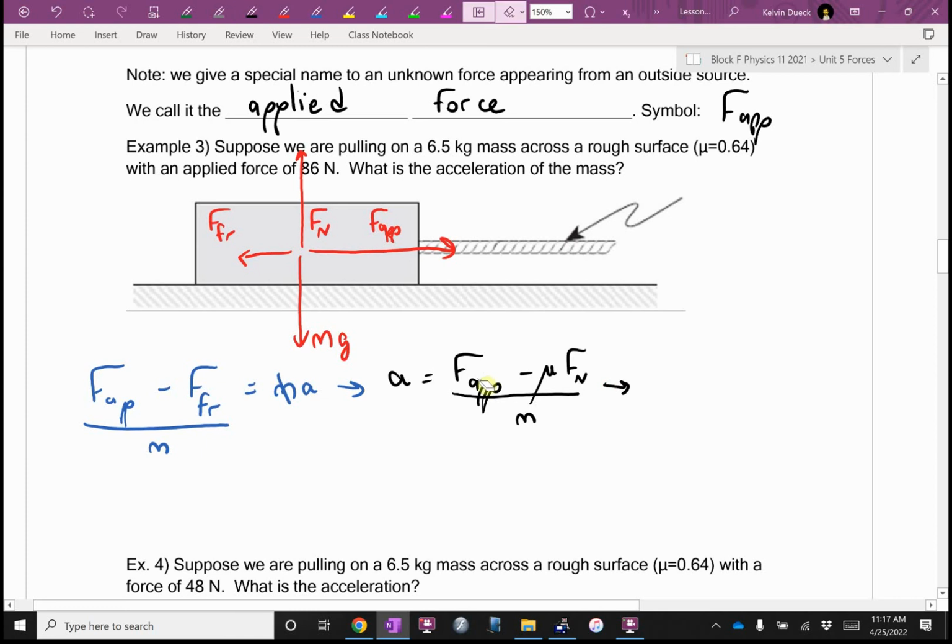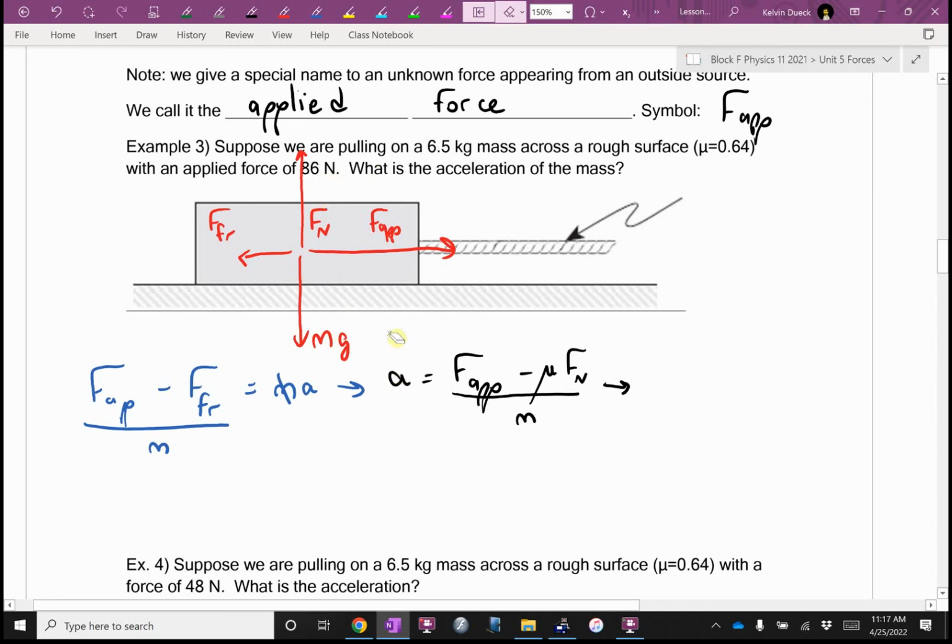Eric, do I know the applied force? Yeah. Good. Hey, what's mu? Do I know mu? Yeah. Do I know M? I don't know the normal force. Oh, but look, I know the force the same size as a normal force.